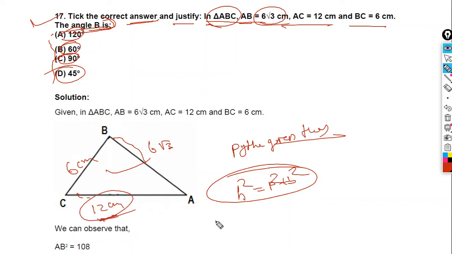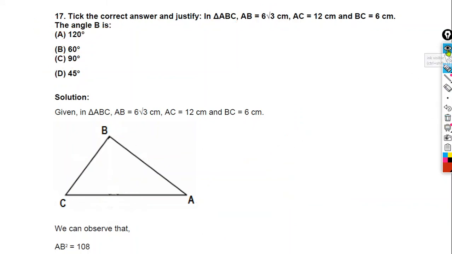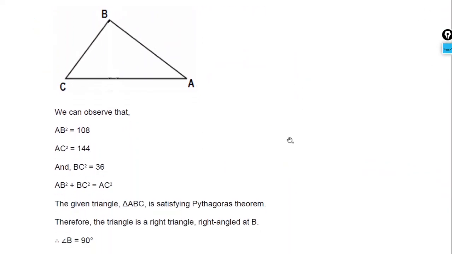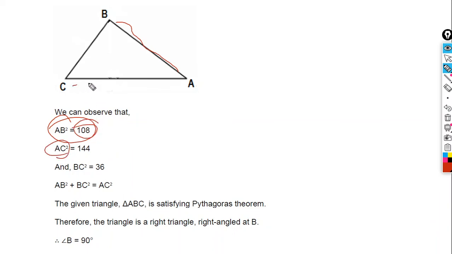So let's check. AB square equal to 108, AC square equal to 12 square equal to 144, and BC square equal to 36.